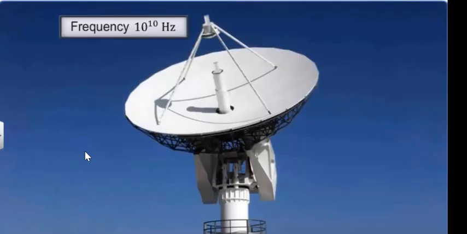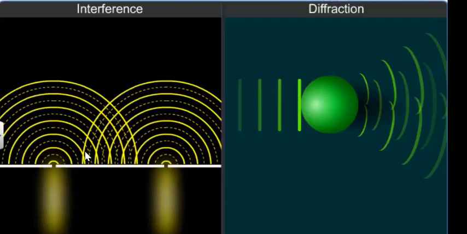The wave nature successfully explains interference and diffraction. See, this interference and diffraction you will learn in physics also. Suppose if it is particle nature, this light should come like a straight line. Then here also it would be a straight line.